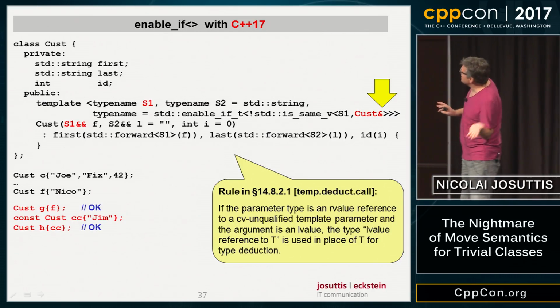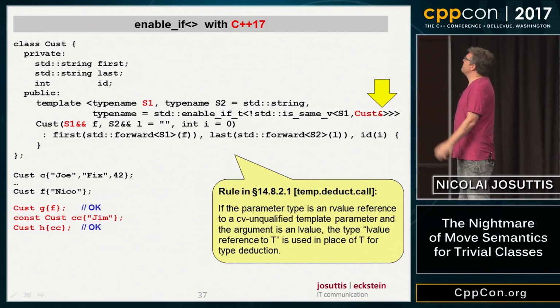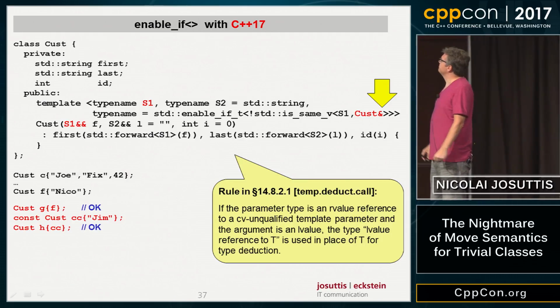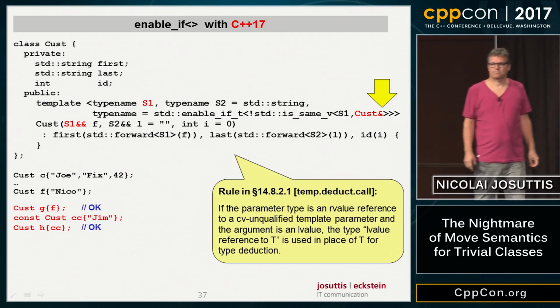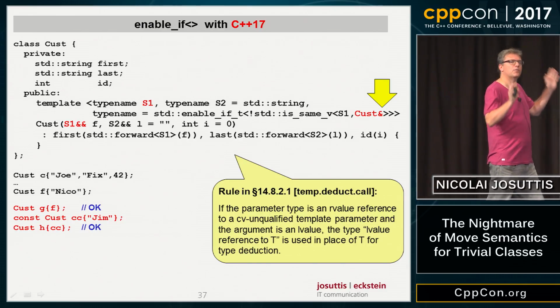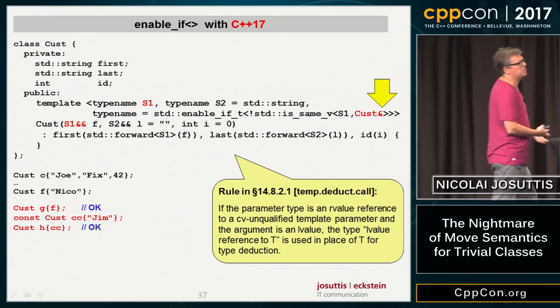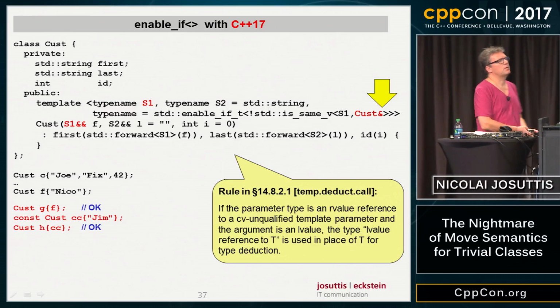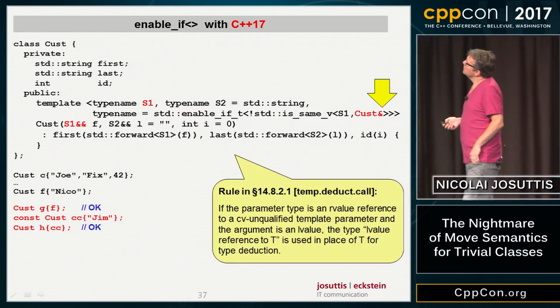Yes, we pass an argument as an L-value. f is an L-value. The type L-value reference to T is used in place of T for type deduction. And again, this is to make move semantics work fine in more or less generic code, so that we don't need overloads or that we can perfect forward things.